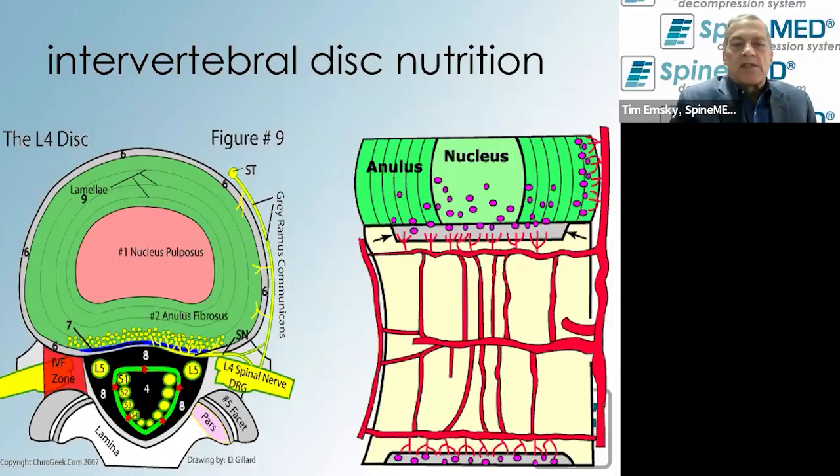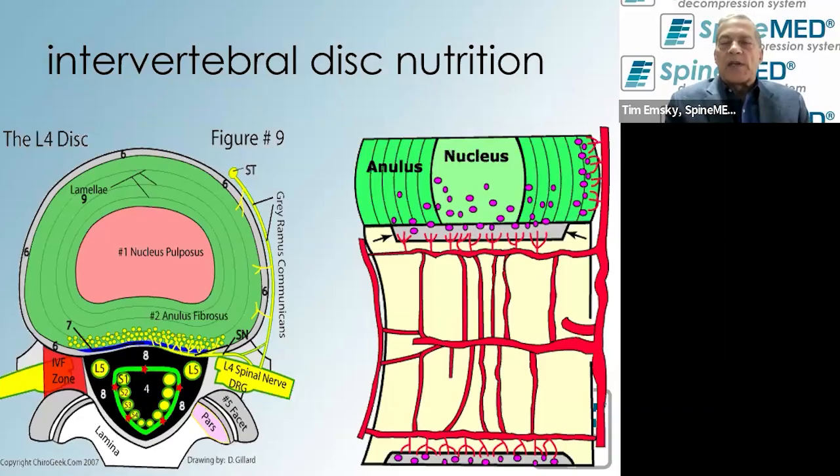But the disc does not have a blood supply per se, so it relies on osmotic diffusion, which is a differential in pressure between the internal aspect of the disc and the surrounding bodies. And for the transfer of oxygen, water, and nutrition into the discs, the pressure changes, of course, on the discs throughout the day. Sitting is one of the worst positions, standing, bending over, and so on.